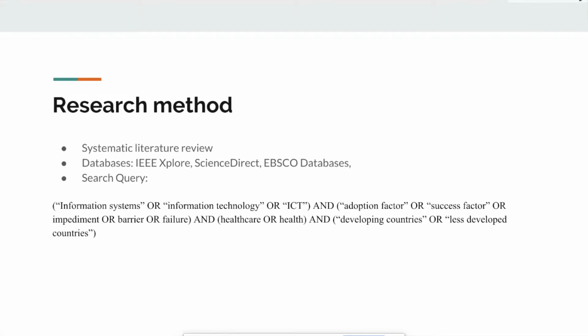For example, I used information systems or information technology or ICT, and I combined them using an OR operator, and an AND operator for adoption. Basically, I used this search query for my thesis.